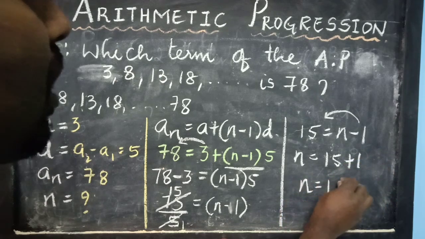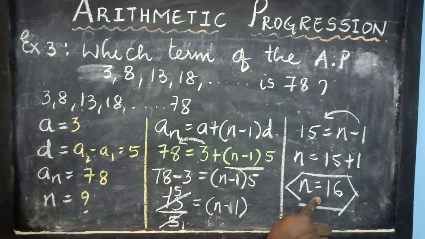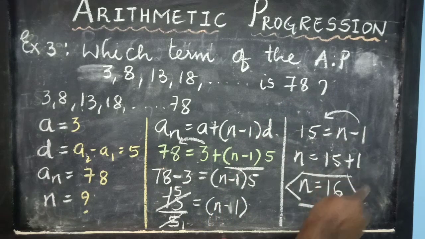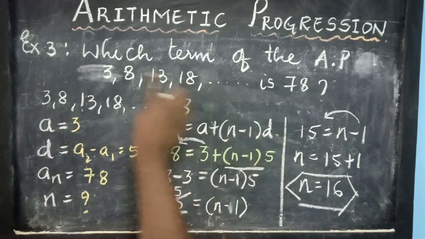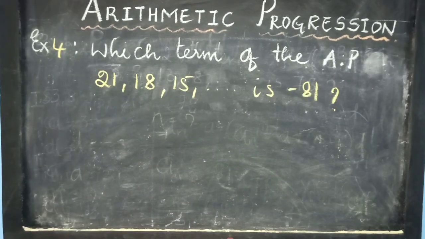Therefore N equals 16. The 16th term of this AP is 78. That means the 16th term of this AP is 78. Therefore, n equals 16. Students, moving to example 4.